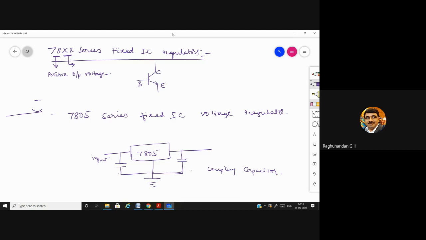So now if some fluctuating signal is coming here, what does it mean? Is it a pure DC, or AC, or both AC and DC? Both AC and DC. This indicates that it has both AC and DC.